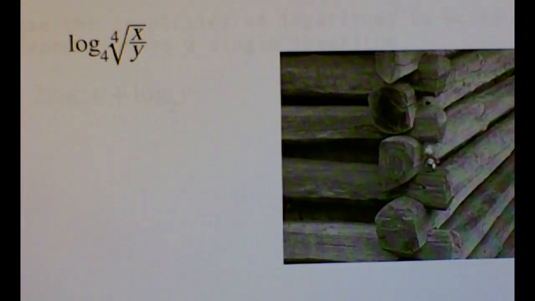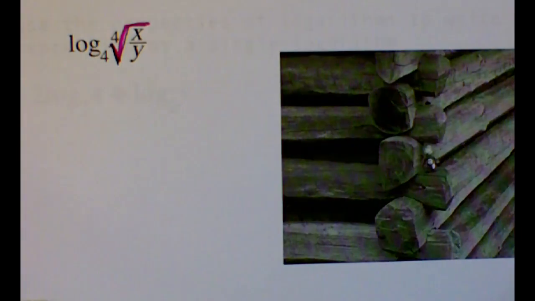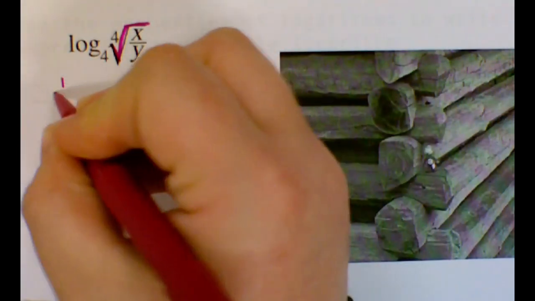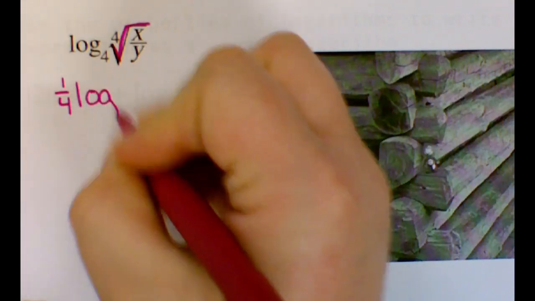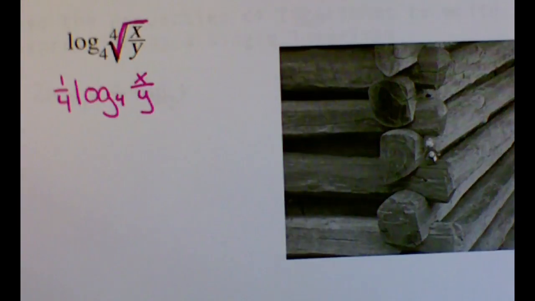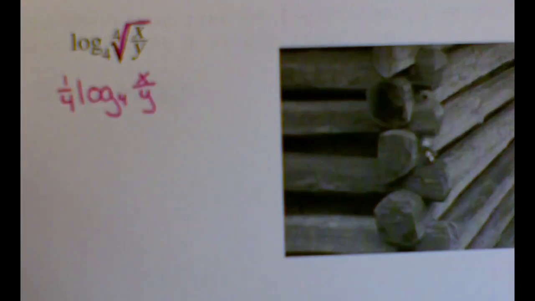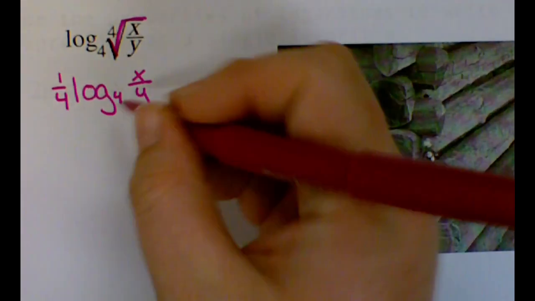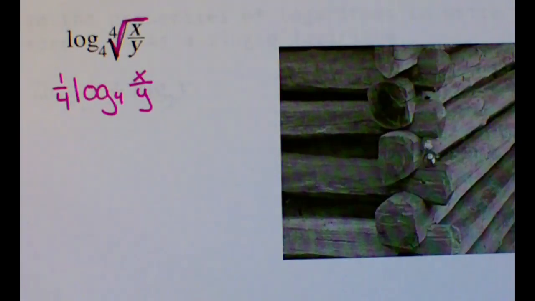And now log base 4 of the 4th root of x over y. Just like with order of operations, we want to deal with this whole root at once. Remember, a 4th root is the same thing as a 1/4 power, so I can bring a 1/4 out front. Okay. Now I see this division. Division splits apart into subtraction.